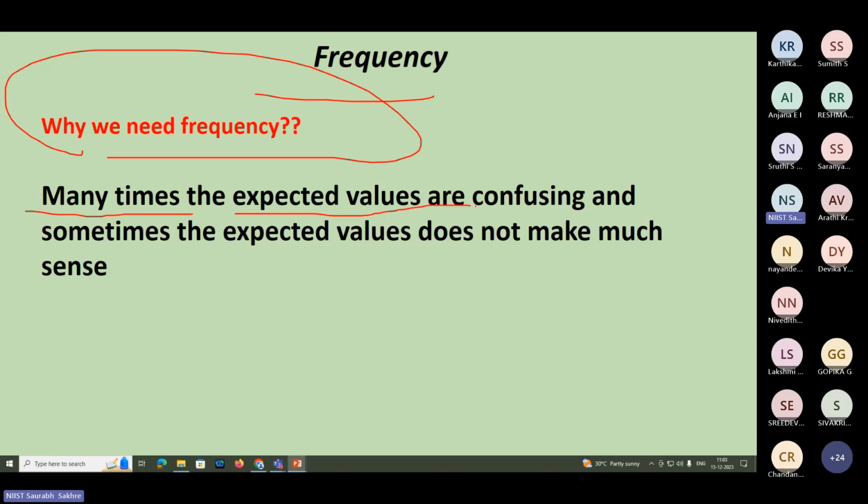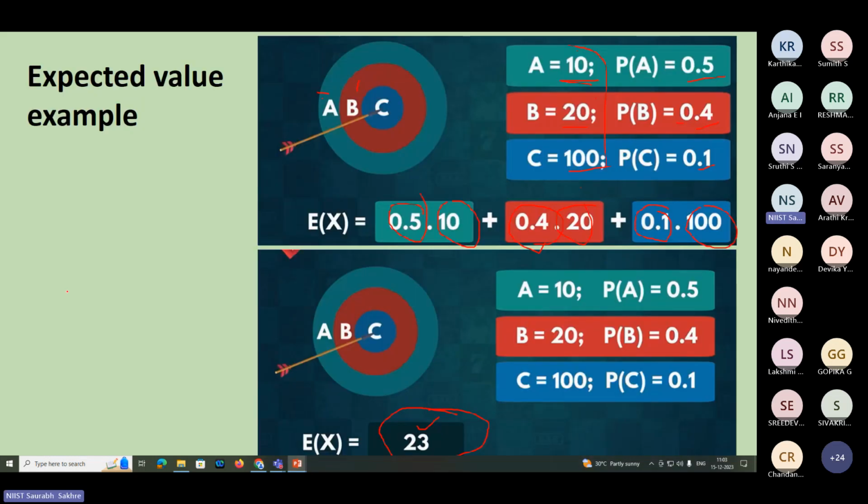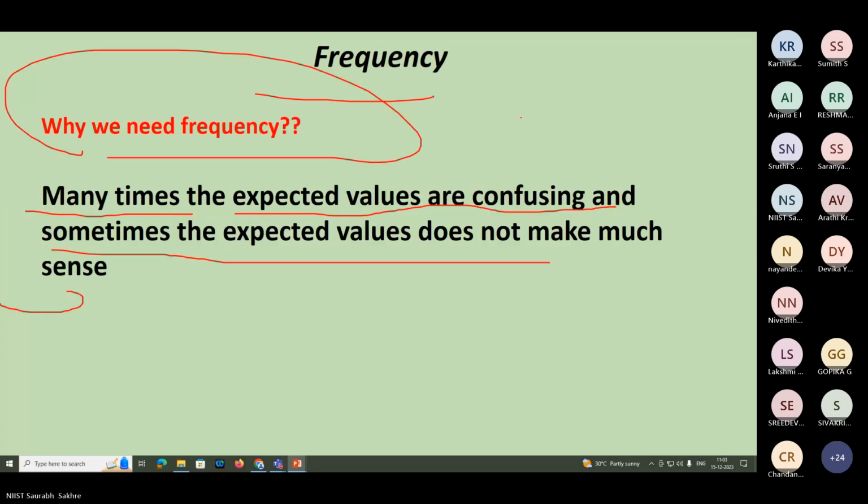Many times the expected value is confusing and sometimes it does not make much sense. You yourself think: when the target cannot give me 23 marks, how can my expected value be 23? But expected value is just giving me a near possibility. If it is 23, I can say that it may be B, but it cannot be exactly B. So in those cases, we require frequency.